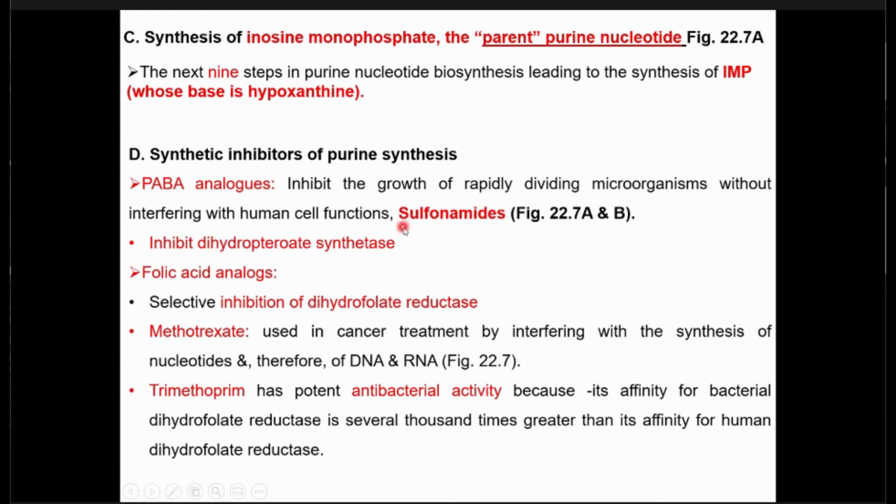And I told you there is sulfonamide, and it inhibits the dihydropteroate synthase, and some folic acid analogs like methotrexate and trimethoprim. One of them, trimethoprim, has antibacterial activity, and the other is anti-cancer.